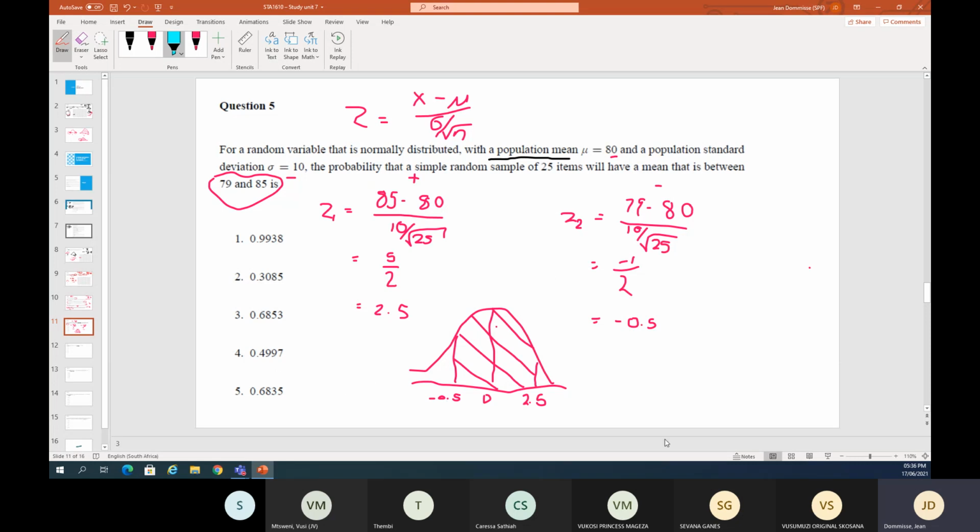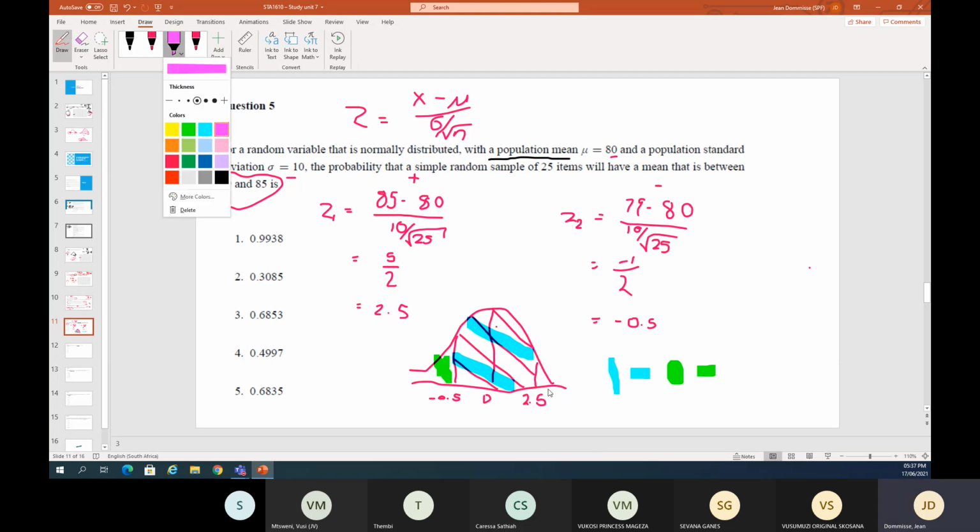One way to get this blue area is to say 1 minus the green area, whatever the green area is, minus whatever that purple area is. So that is one way of doing it.